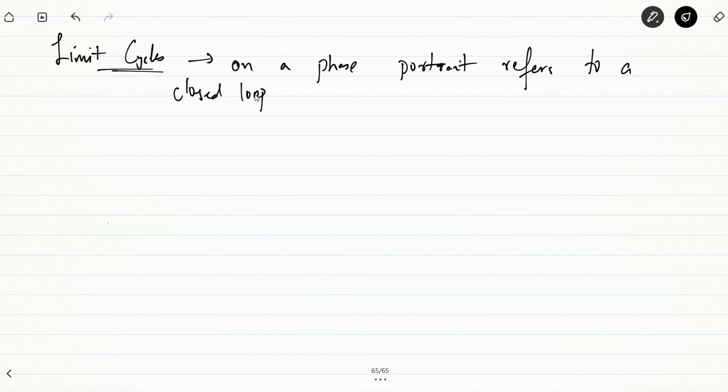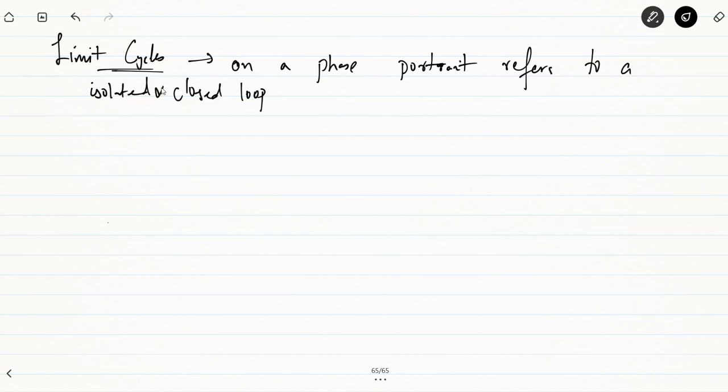And from that we defined that a limit cycle on a phase portrait basically refers to a closed loop, an isolated and closed loop.